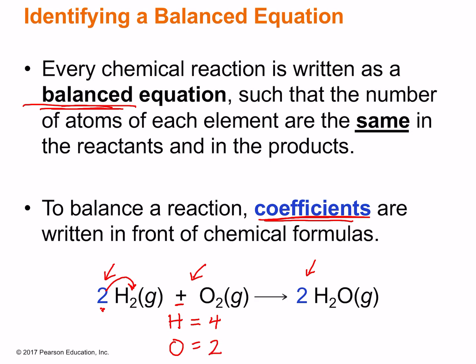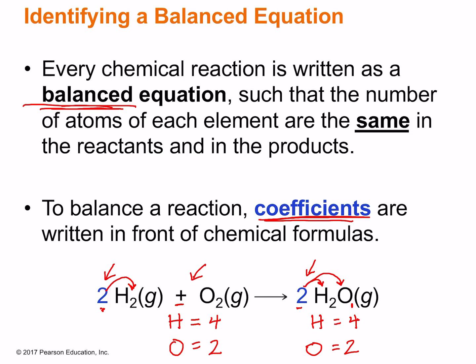And then looking over at the product side, for our hydrogens, we have 2 times this 2 subscript that was already on the hydrogen, so we have 4. And there is an imaginary 1 on water, so 2 times 1 will give us 2 oxygens on this side. That 2 in the front of water has to get distributed to every element that's in there.